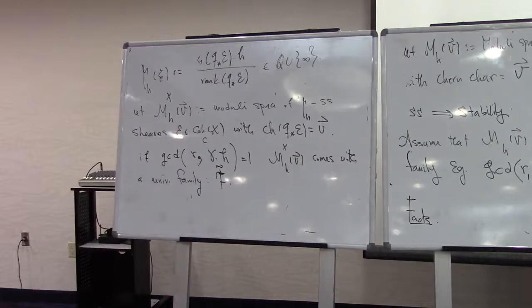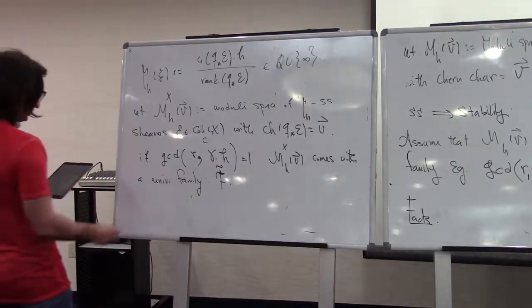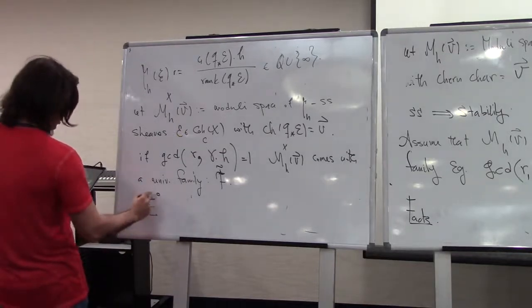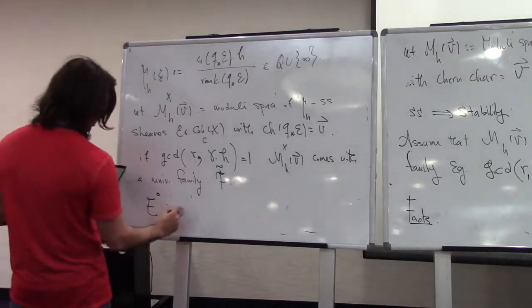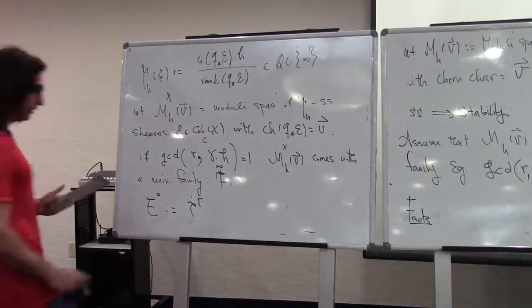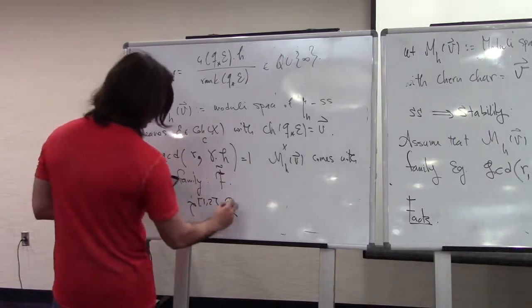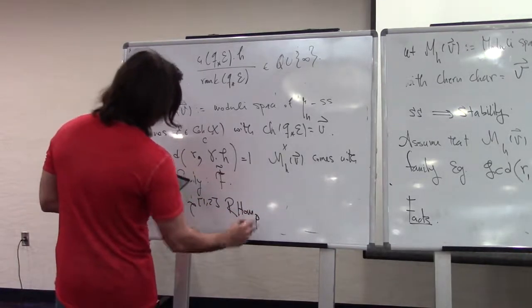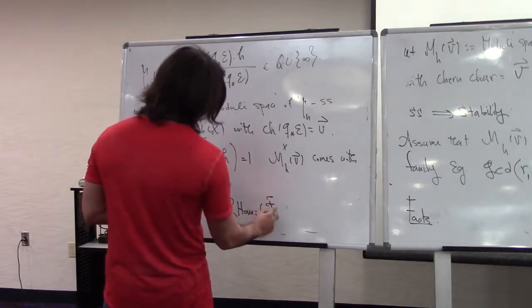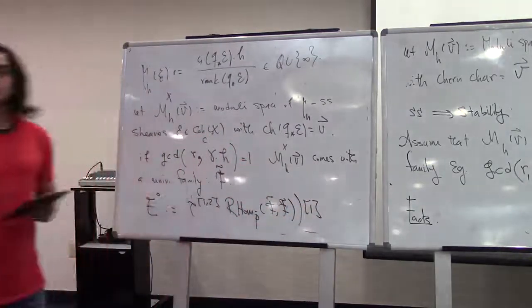Okay. Similar to before, there is an object in the derived category of this moduli space of torsion sheaves on this X, which is E dot, let's call it E dot, and this is defined by work of Richard Thomas and Daniel Huybrechts. So it's a certain truncation again of the relative RHom of F tilde, together with a shift.